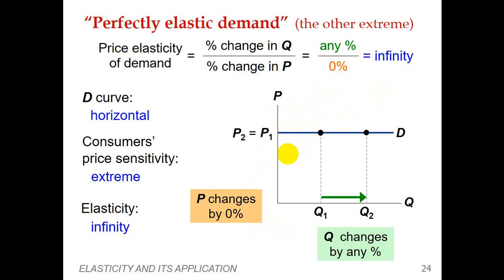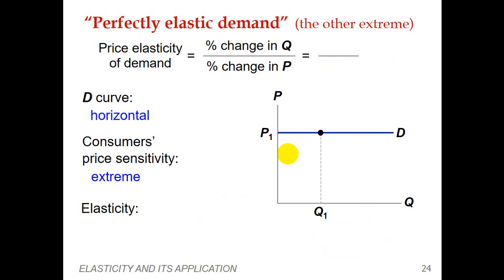So at the opposite extreme, demand is perfectly elastic. This occurs as the price elasticity of demand approaches infinity and the demand curve becomes horizontal, reflecting the fact that a very small change in price leads to a huge change in quantity demanded.